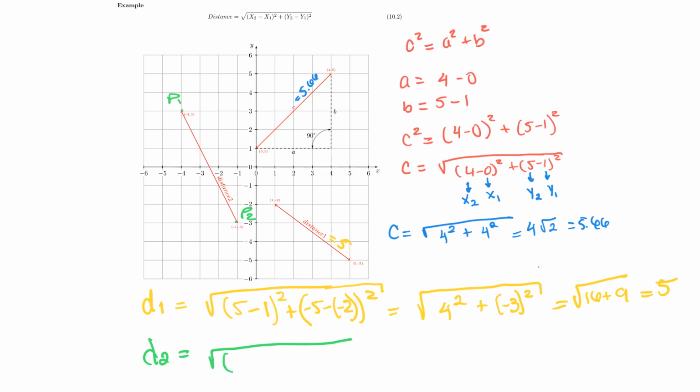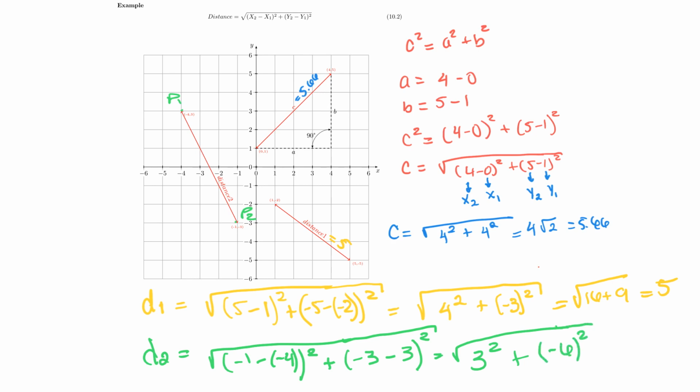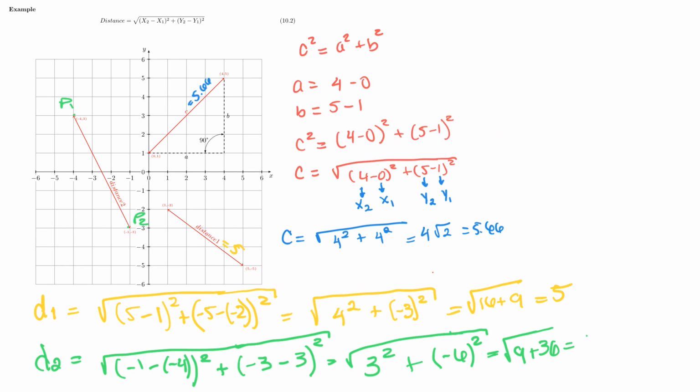We have x2 is minus 1, minus x1 which is minus 4, squared, plus y2 which is minus 3, minus y1 which is 3, squared. This is equal to minus 1 minus a minus is plus, so 3 positive, 3 squared, plus minus 3 minus 3, that is minus 6 squared. This is equal to the square root of 9 plus 36, which is equal to 3 square root of 5.